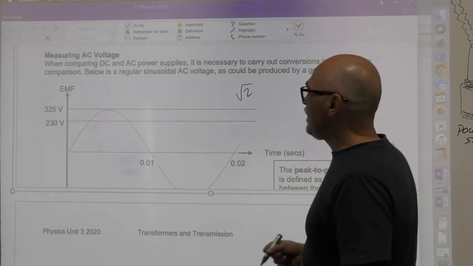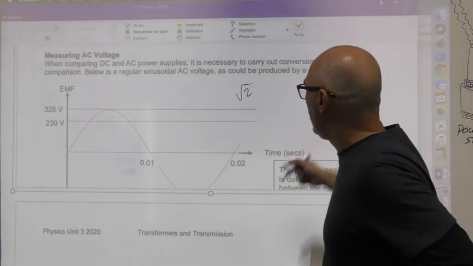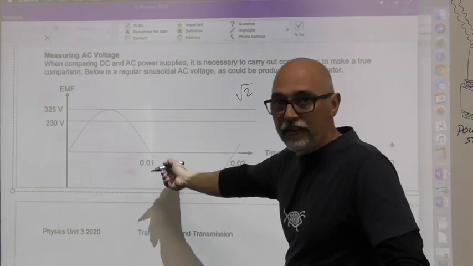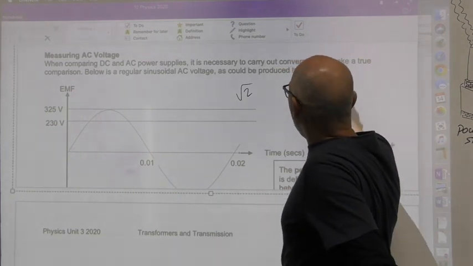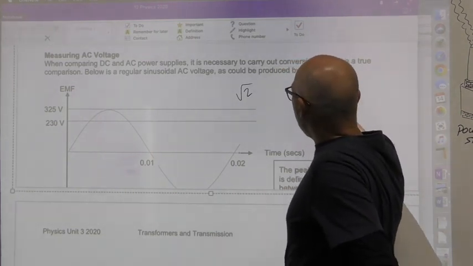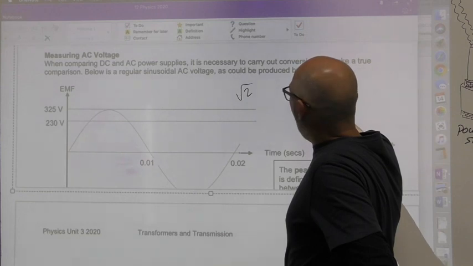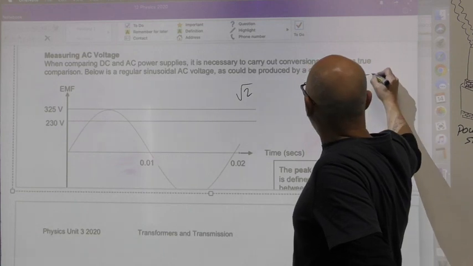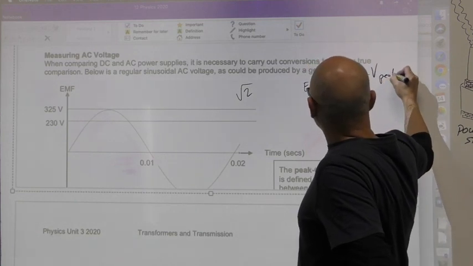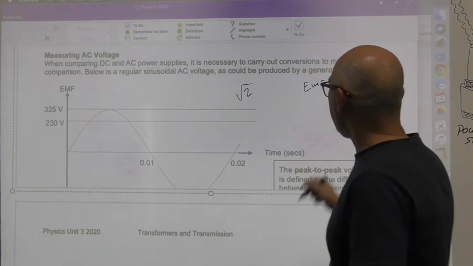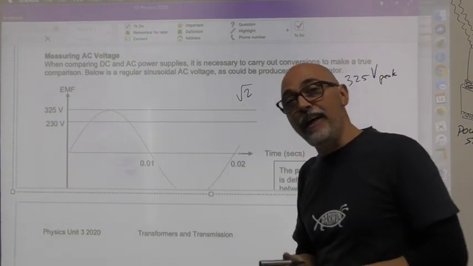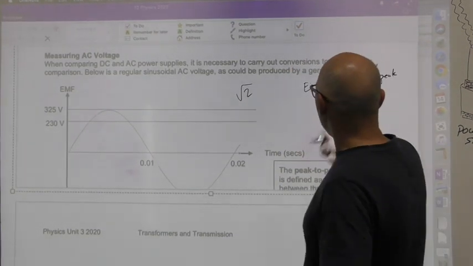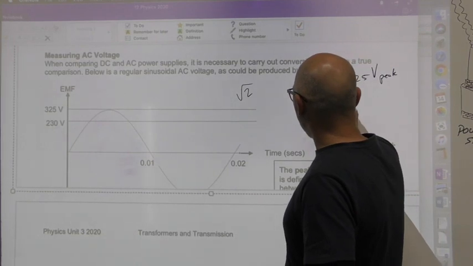So if you're given a question, and what we can do here is just show these values. If you're given a question that says you have a voltage supply of EMF of 325 volts peak, what is the RMS value? Okay, so what is the RMS value?